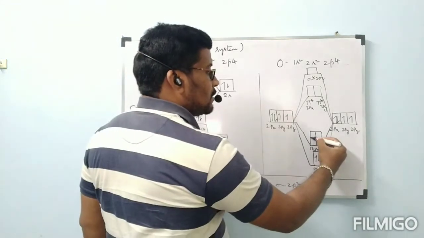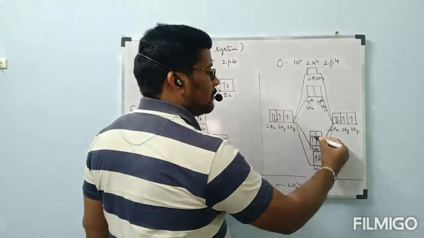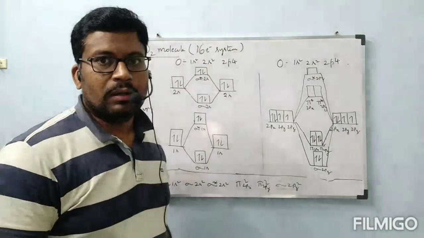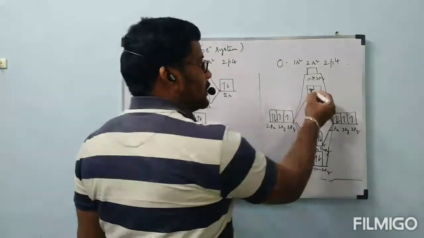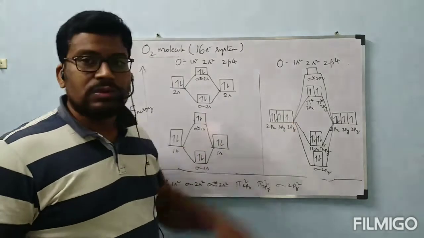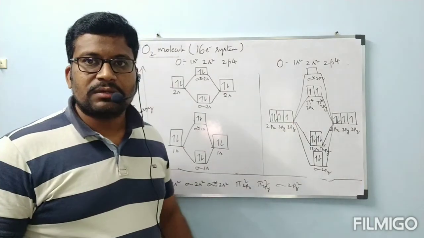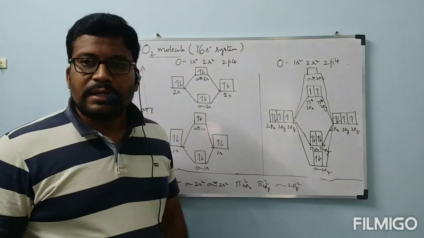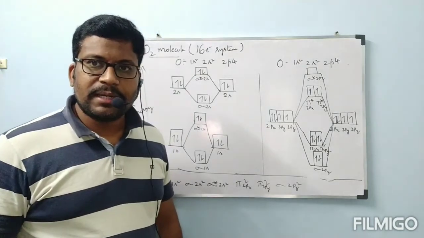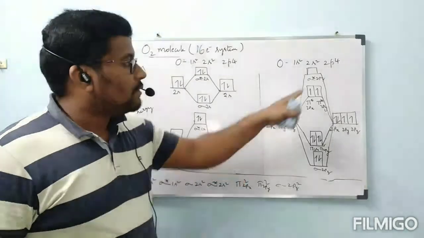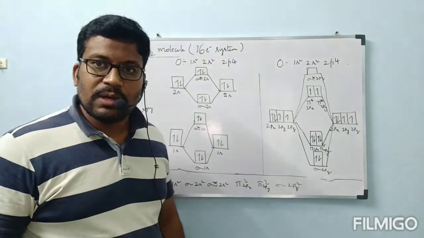Next 3, 4, 5, 6. Next 7, 8. Here it should follow Hund's rule. That's why 1 electron enters first singly, 1 electron enters singly. After that only pairing will take place. But here it has 16 electrons only, so 1 more electron is not there. It has 2 unpaired electrons.